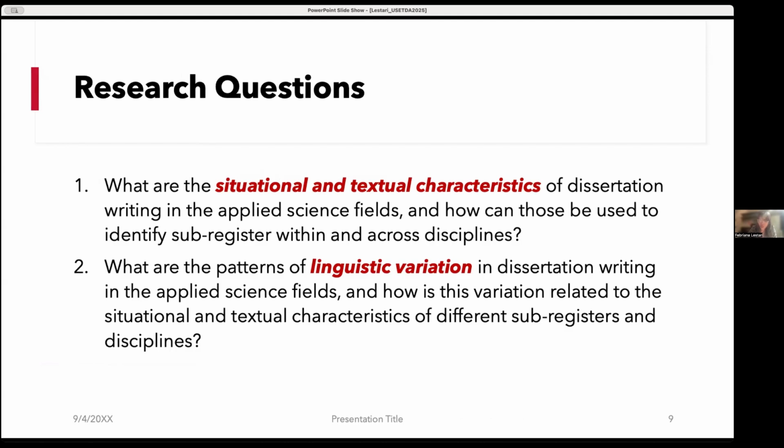The first research question focuses on the situational and textual characteristics, and the result of this analysis will inform my corpus design and building. In the second research question, I will look at the linguistic variation in dissertation writing across applied science fields, and then connect the functional interpretations of the linguistic variation to the first research question.